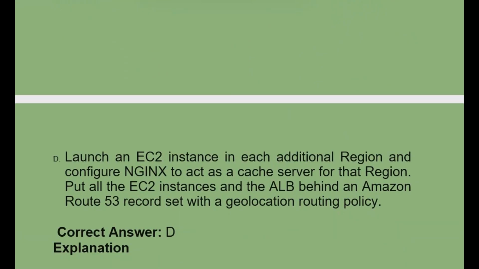Option D, launch an EC2 instance in each additional region and configure nginx to act as a cache server for that region. Put all the EC2 instances and the ALB behind an Amazon Route 53 record set with the geolocation routing policy. Correct answer is option D.